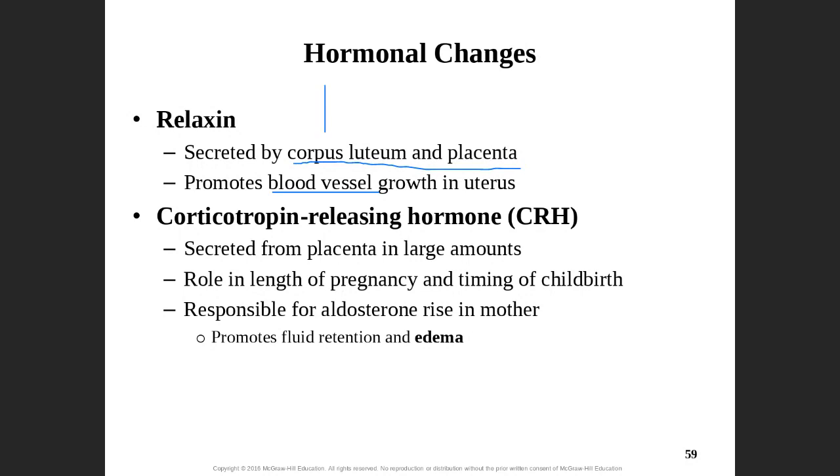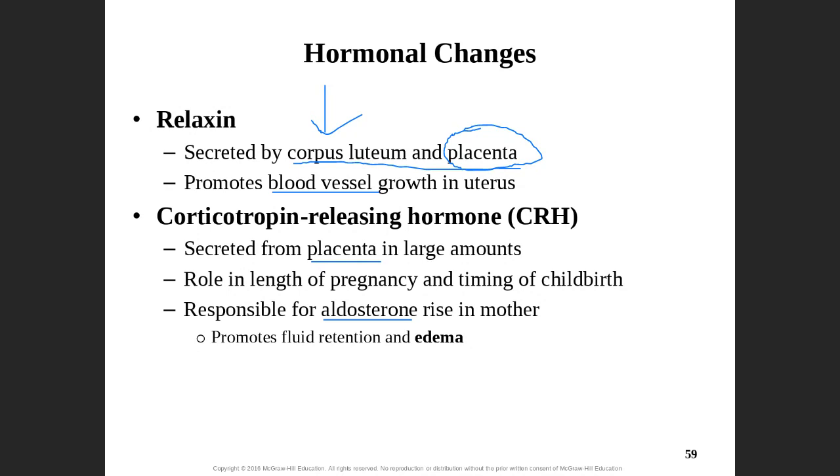Once the corpus luteum degenerates, it's pretty much the placenta that is going to take over the production of relaxin. Corticotropin releasing hormone is secreted from the placenta, and it is going to help increase the release of aldosterone.